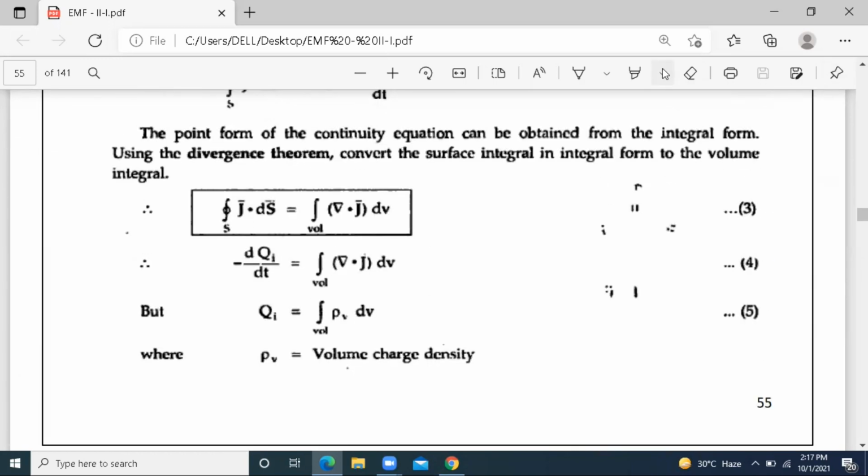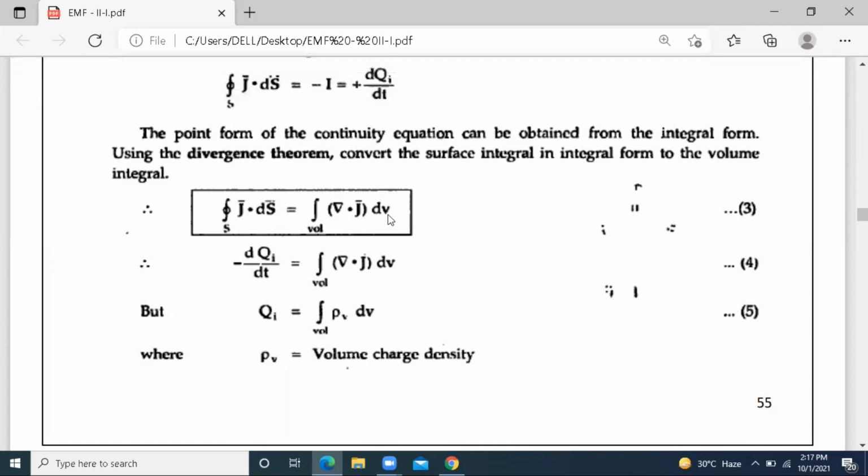We don't do anything, just substitute this for I, or minus I. So you just have to review your divergence.